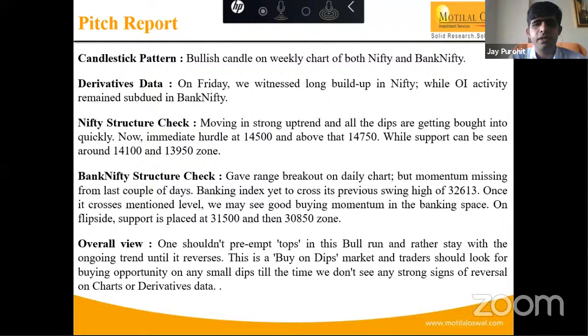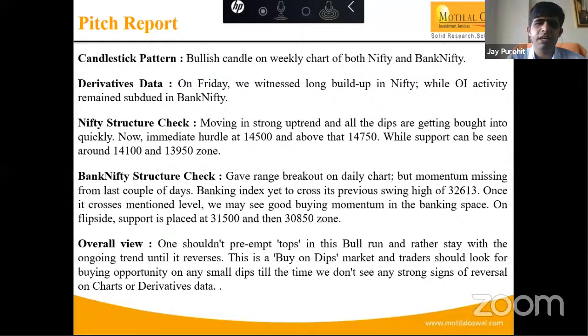Okay. So if we look at the overall candlestick chart of Nifty and Bank Nifty, since today is the start of a new week and on Friday we had witnessed a bullish candle on the weekly chart of both Nifty and Bank Nifty. If we look at the daily chart structure, then Nifty formed a bullish candle on Friday, while we had seen a narrow range red body candle on the daily chart of Bank Nifty.